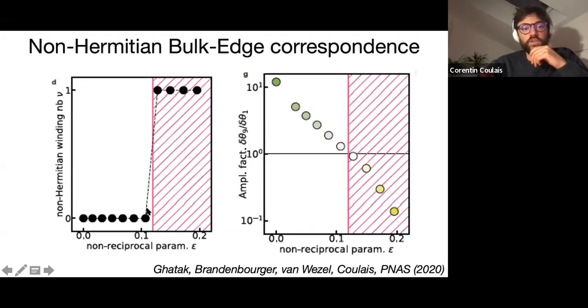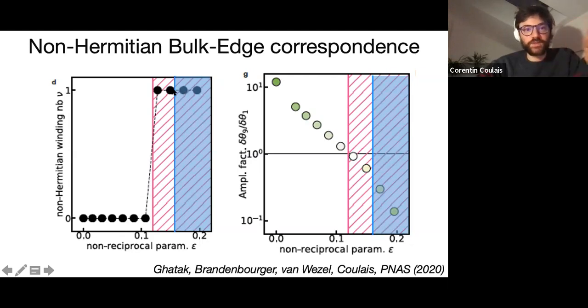If you measure the winding number as a function of your non-reciprocal gain, you see that you will jump from 0 to 1. And if you look at where your mode is localized, you go from localized to the right to localized to the left. Interestingly, this doesn't happen at the value that is predicted by the earlier papers that I mentioned that were trying to correct for the gap closing.